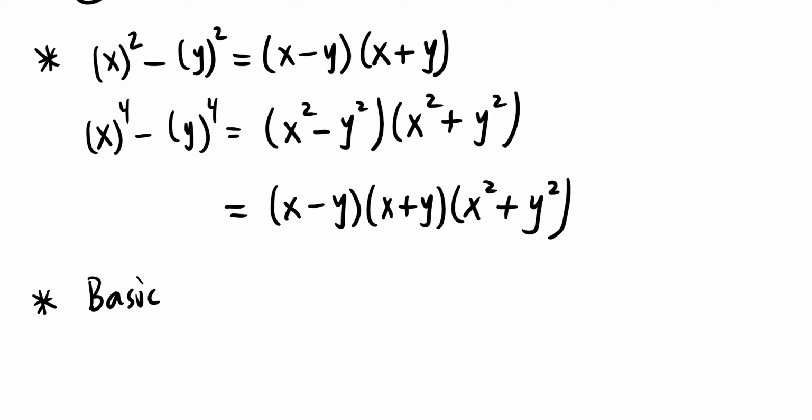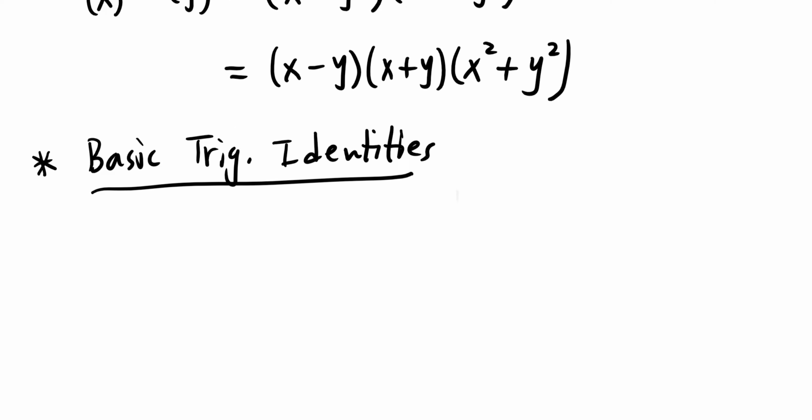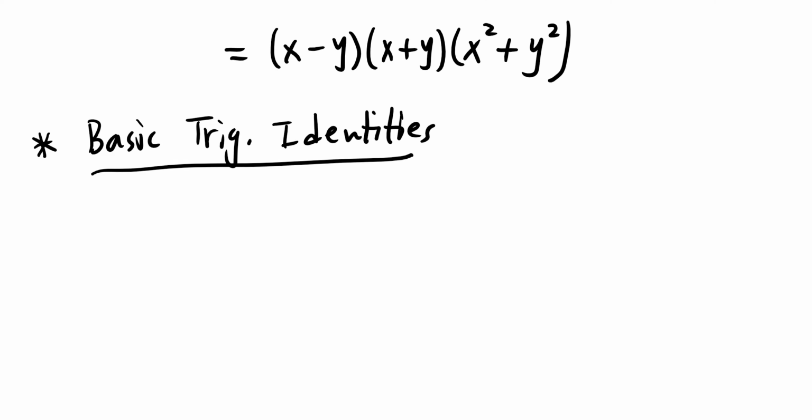So what are the basic trig identities that we learned before already? Those will be tools to help us prove more complicated identities in today's lesson. The basic identities that we start with, the first one, the reciprocal identities. Tangent theta is 1 over cotangent theta.